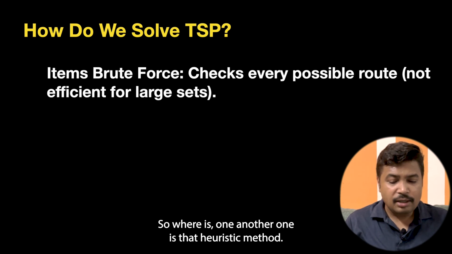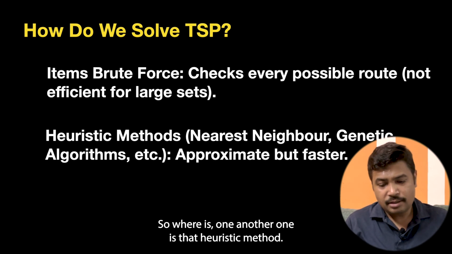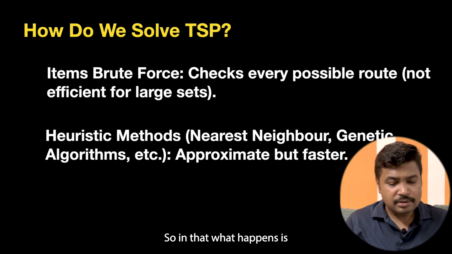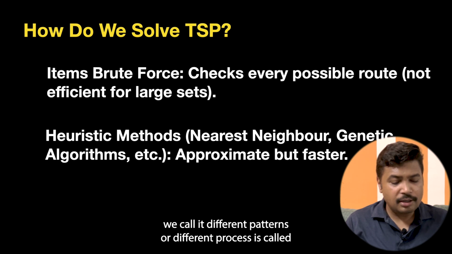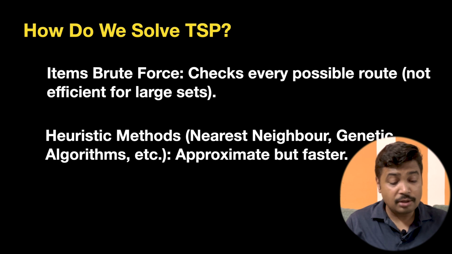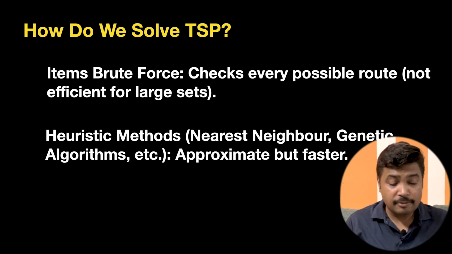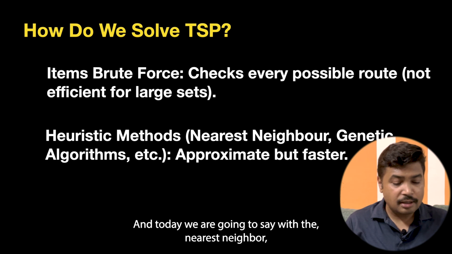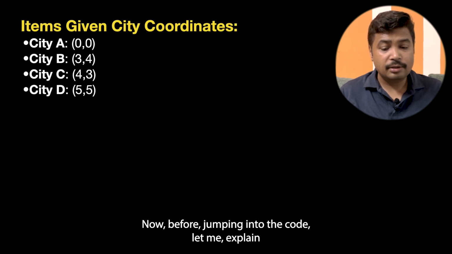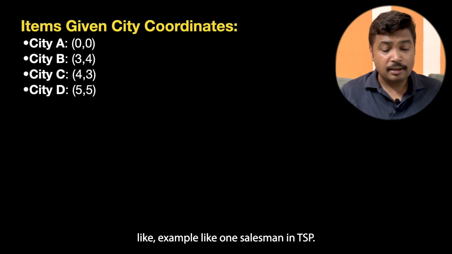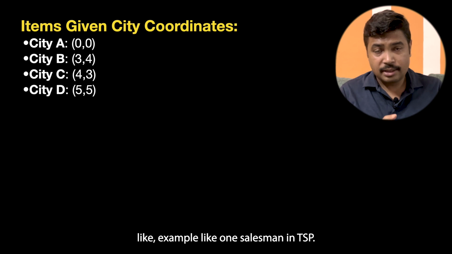Another one is the heuristic method, where we use different processes called nearest neighbor and genetic algorithm, and many other things. It is much faster and efficient, and today we are going to see the nearest neighbor process.